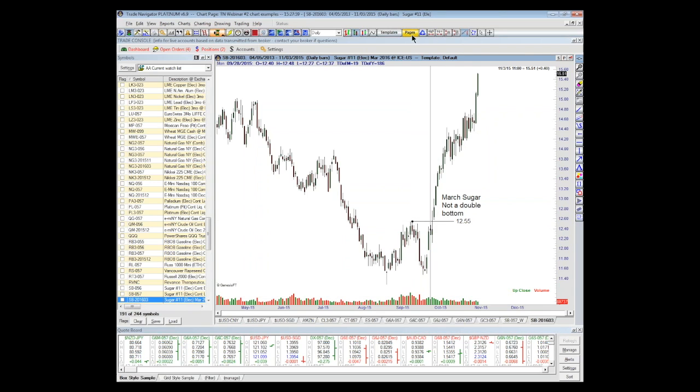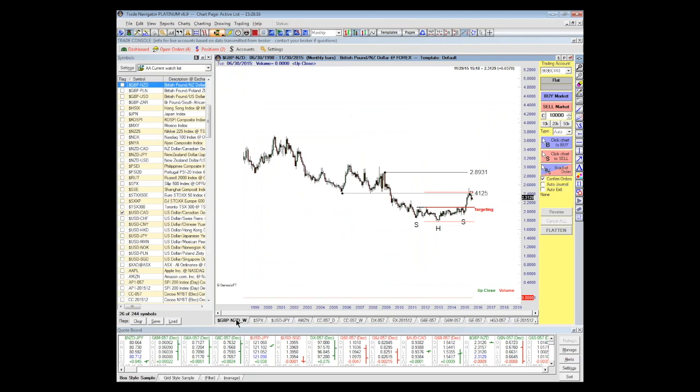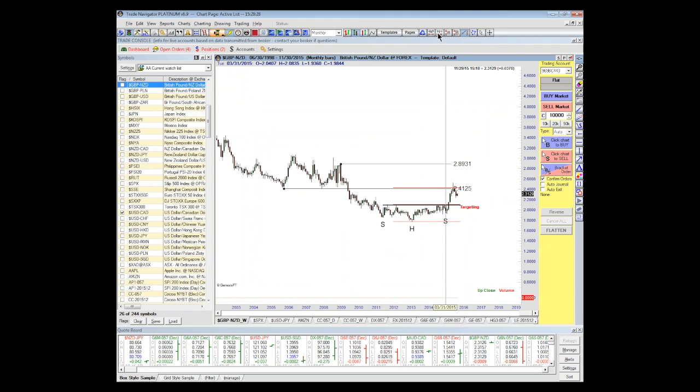Okay, now I'm going to take you to the active list, and this is the list that came out of our short list over this last weekend. These are markets really that Factor is looking most closely at this week. I'm going to start out with a market that we're interested in. It's kind of on our watch list, and this is the British pound New Zealand dollar, but you can see that we had a massive head and shoulders bottom on the monthly chart.